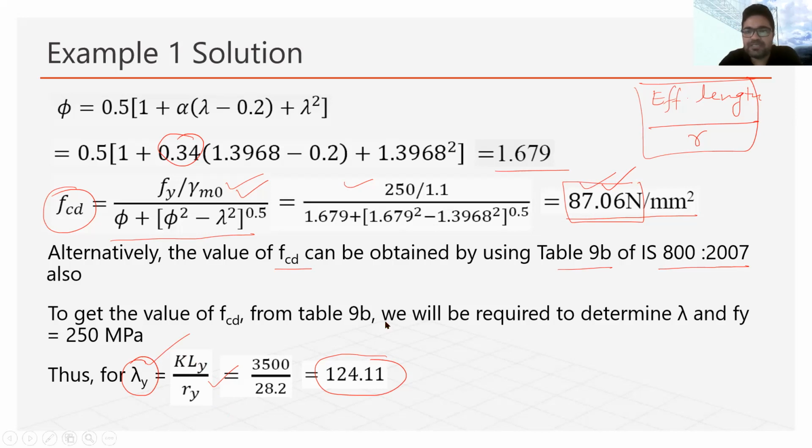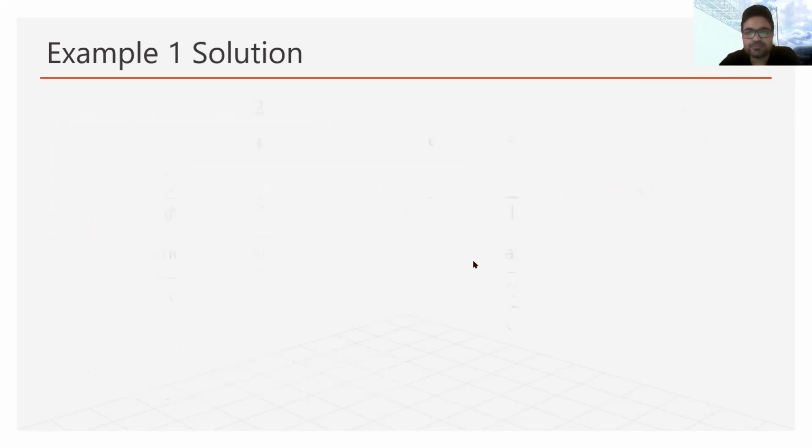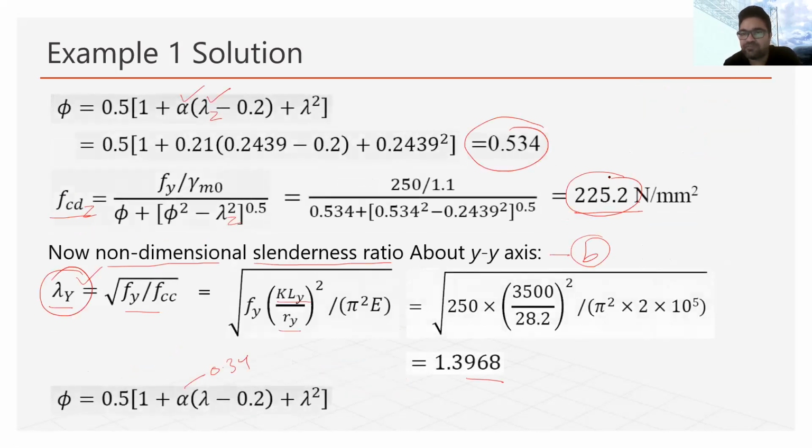So now you can see FCD along the y-axis is 87, which means the maximum stress the column can take along the y-axis is 87, while along the z-axis, this FCD value we have calculated was 225, which means along the z-axis, the column can take up to this much stress.